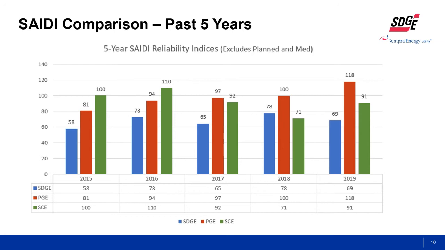That's ourselves, Southern California Edison, and Pacific Gas and Electric. And from this, you can see that SDG&E maintained a first place position for every year except 2018. In 2018, we came in a very close second to Southern California Edison. So this is something we really take near and dear to our hearts here in terms of how we are performing relative to our peers here in the state of California.